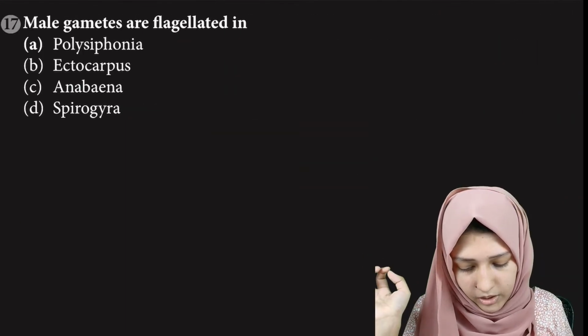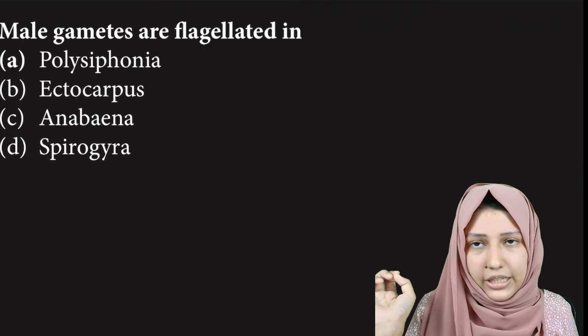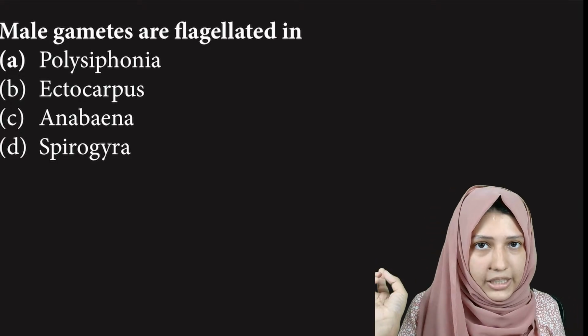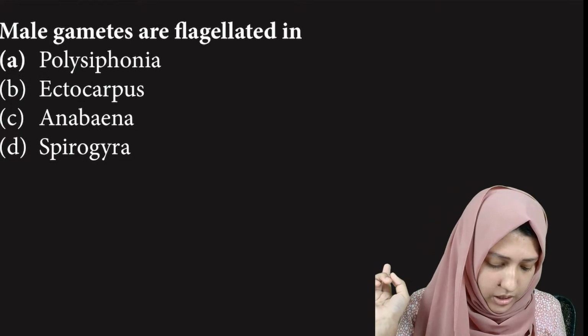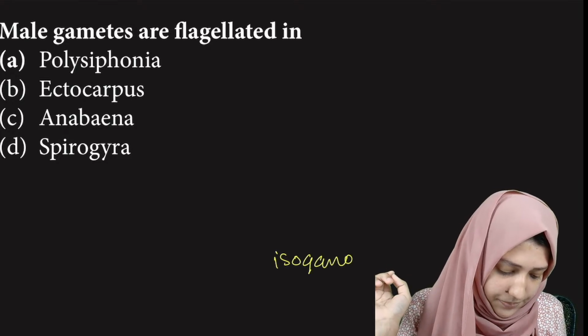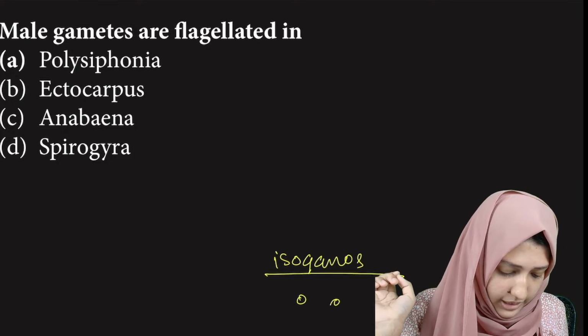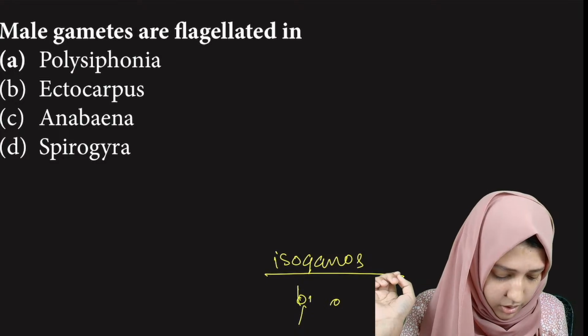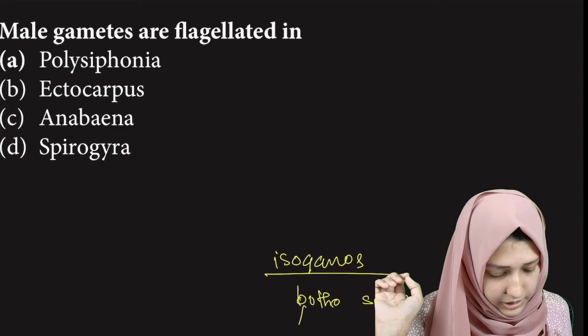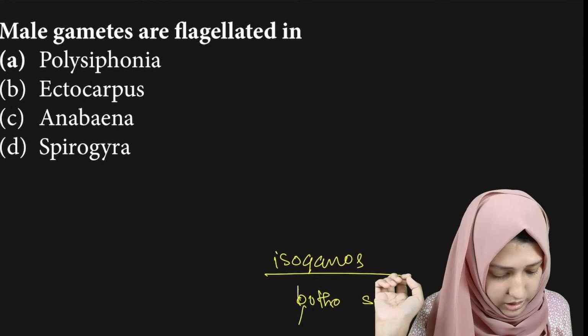Okay. Male gametes are flagellated. Where are the male gametes flagellated? Yesterday we studied this. Isogamous means both gametes are similar, not the spores.